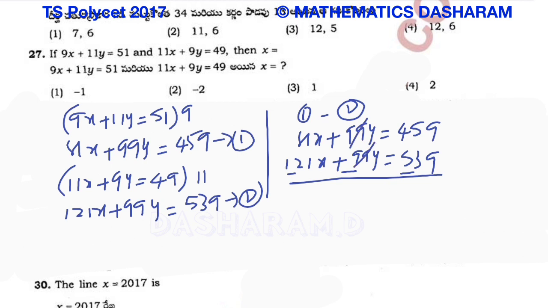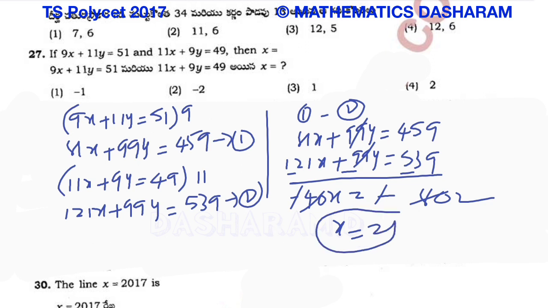Here both y terms are cancelled. 121x minus 81x is 40x, and 459 minus 539 is minus 80. So minus 80, minus minus cancel, 40 into 2 is 80. So x value is 2. So here option 4 is correct.